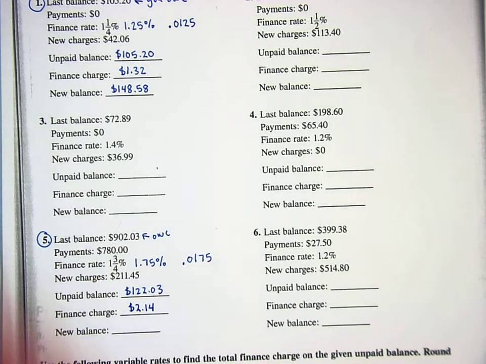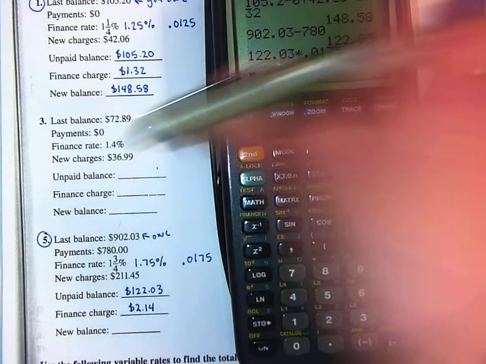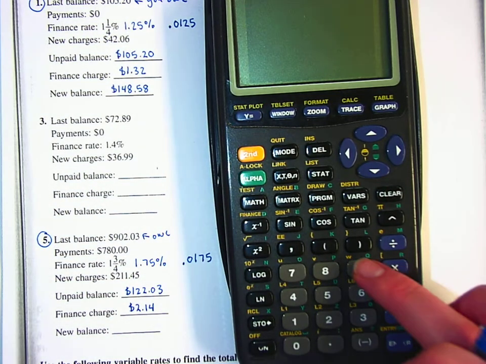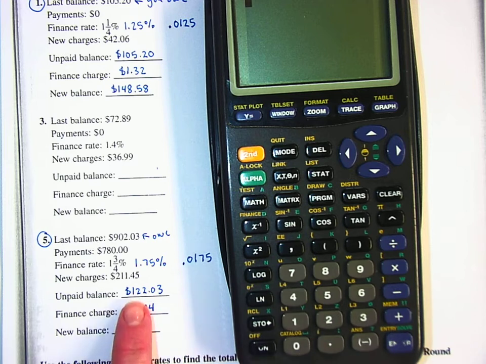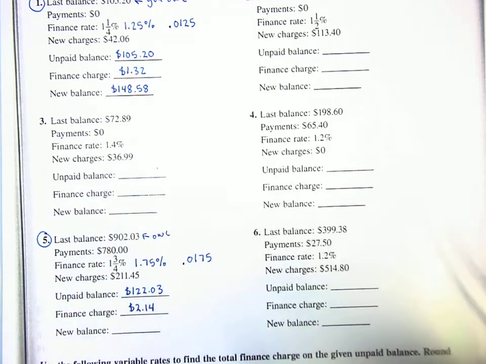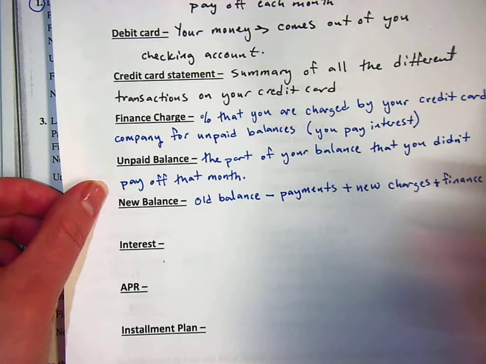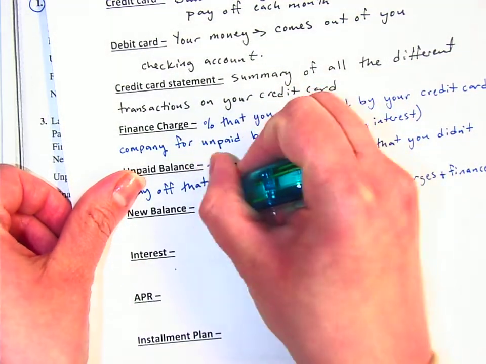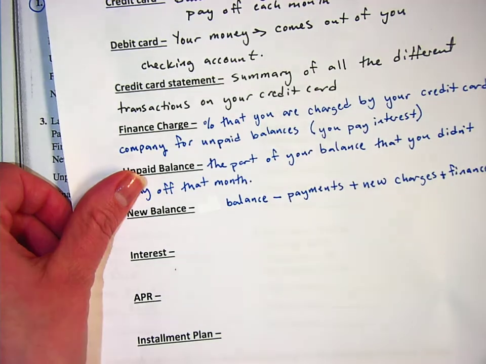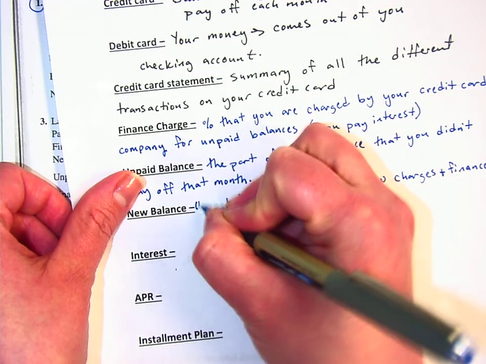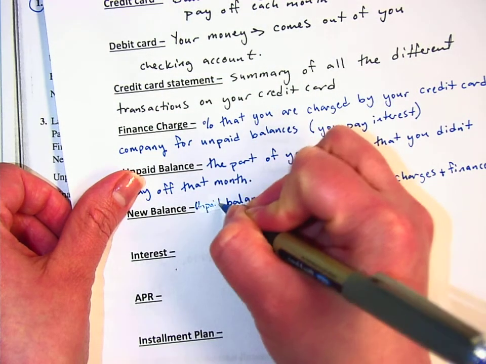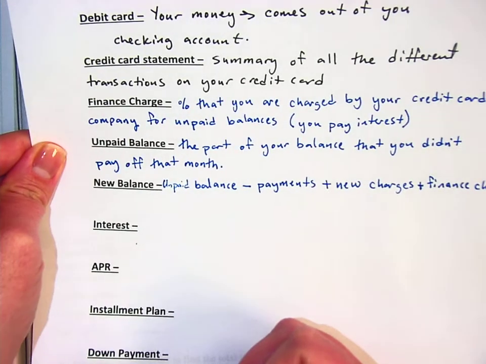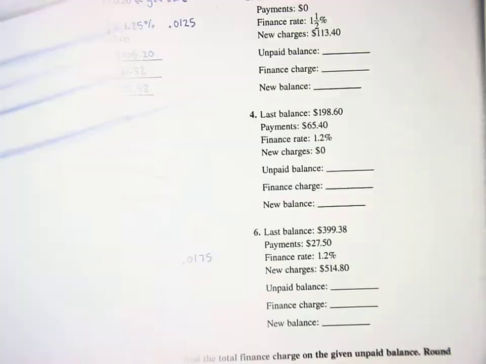Okay, now to find my new balance, I'm going to do just exactly what my note sheet tells me to do. So I'm going to take the old balance, or the unpaid balance, I guess that's better. Instead of old balance, let's change this word to unpaid balance.